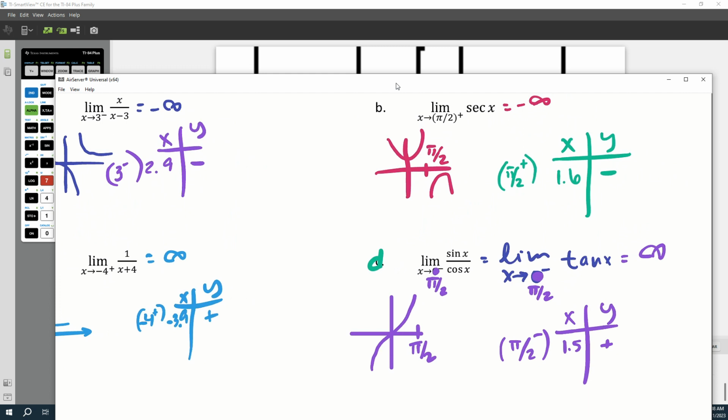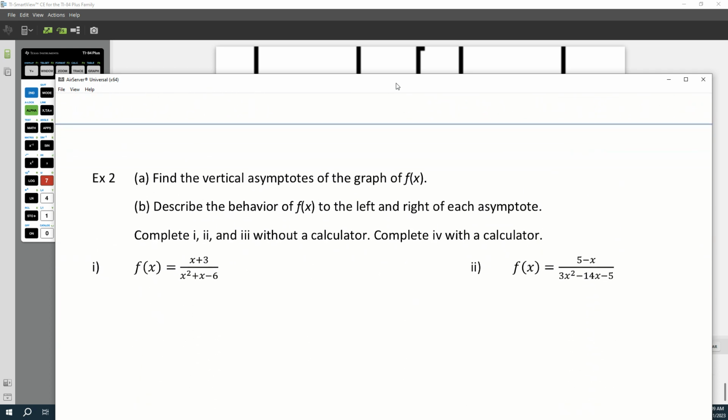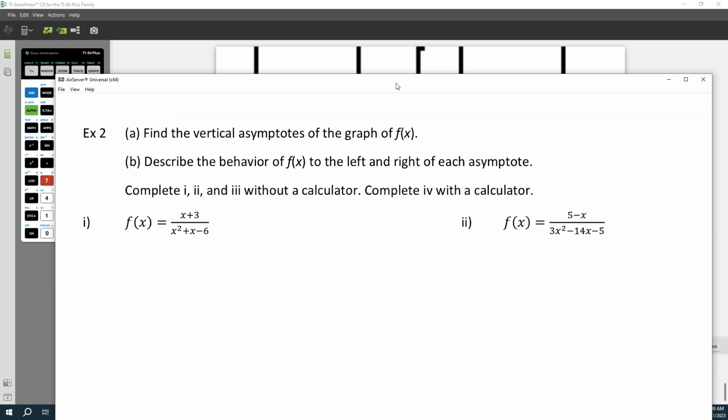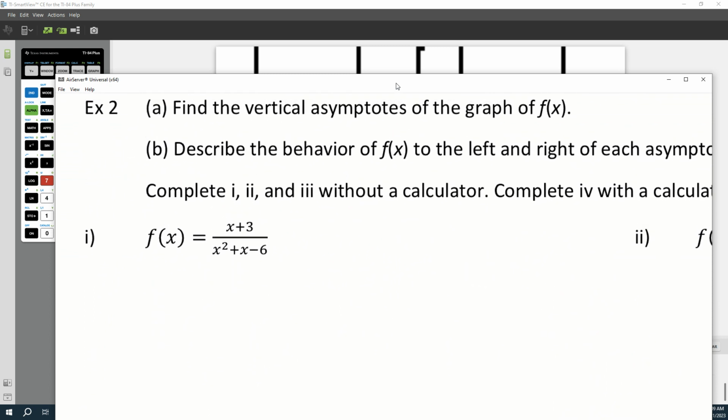All right, the backside is going to be a little more complicated because we're not told where the vertical asymptotes are, basically. We have to find them first. And then we're going to do the appropriate limits on our own. So to find the vertical asymptotes, what we would first want to do is go ahead and factor this function if it will factor.